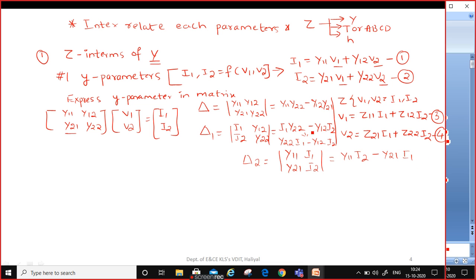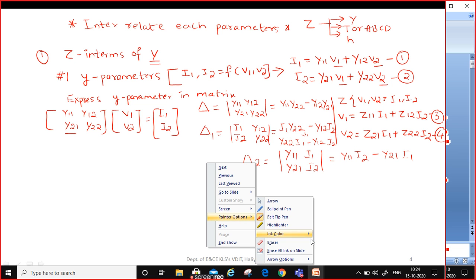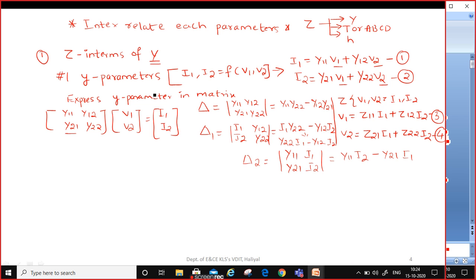These delta definitions are again important here, so you should keep them in your mind. This is delta, and delta 1 is y22 times I1 minus y12 times I2.